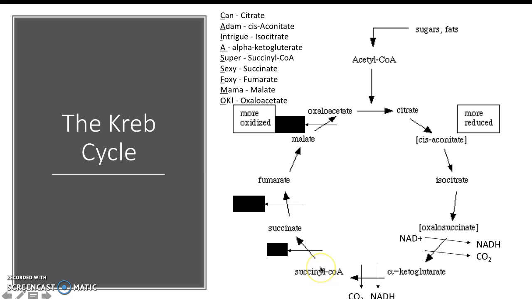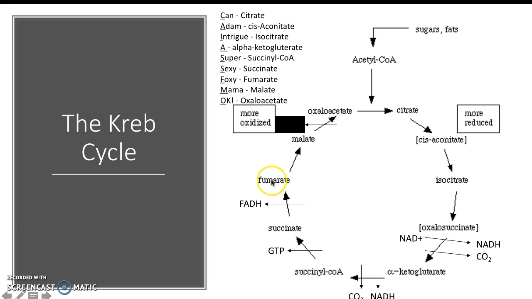So then succinyl-CoA will be reduced by succinyl-CoA synthetase and produce GTP. And once this GTP has been released, it will form succinate. Succinate will then be reduced by succinate dehydrogenase to form fumarate, and during this reduction, an FADH molecule will be released.